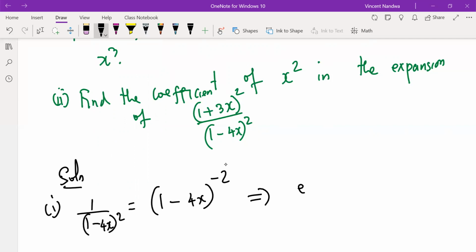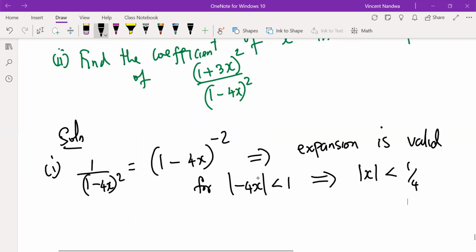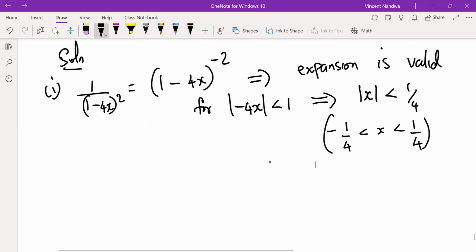So which implies expansion is valid for absolute value of minus 4x less than 1, which means absolute value of x less than 1 over 4. Or negative 1 over 4 less than x less than 1 over 4. So n is negative 2.